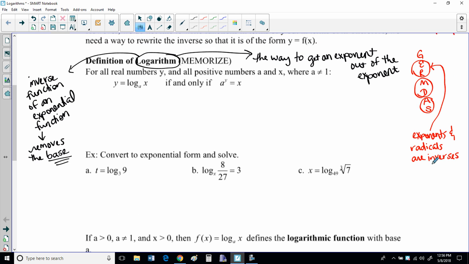Okay, so let's summarize. Exponents are removed using radicals.